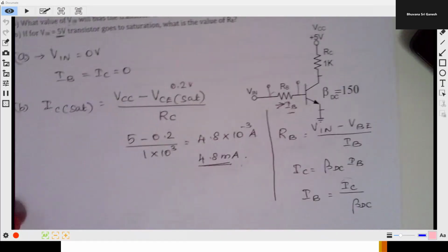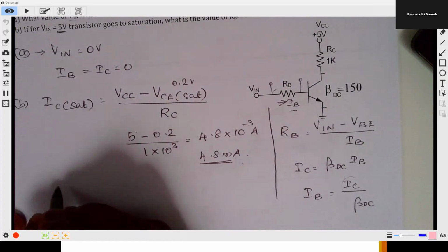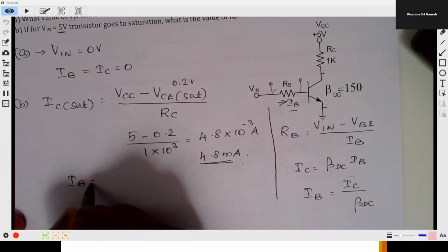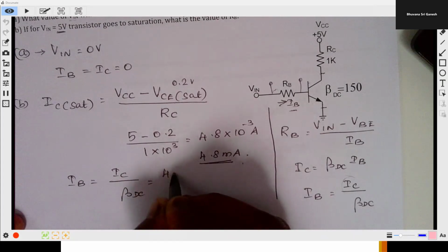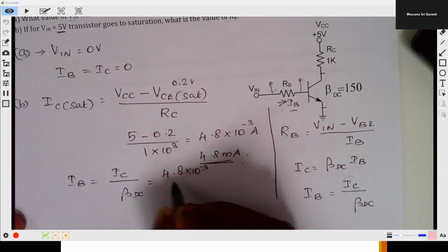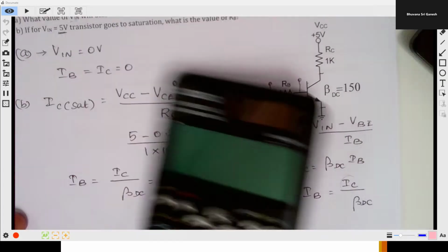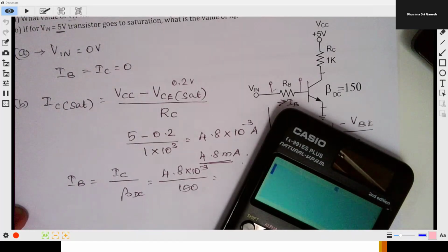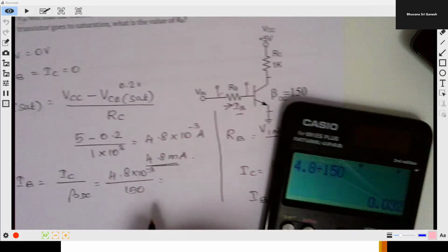Now let us calculate IB. IB equals IC over beta DC, that is 4.8 times 10 power minus 3 over the beta value, which is 150. On the calculator, 4.8 divided by 150 equals 0.032 milli, or 32 micro.